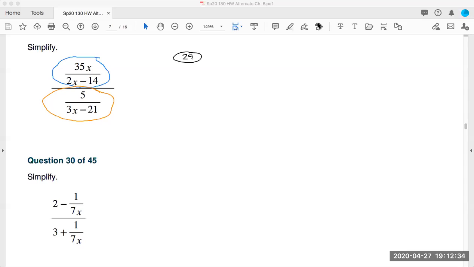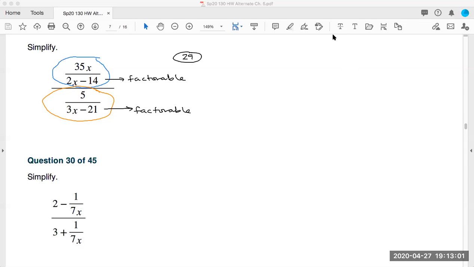Okay, so essentially here, the denominator of the complex fraction's numerator is factorable. And the denominator of the complex fraction's denominator is also factorable.